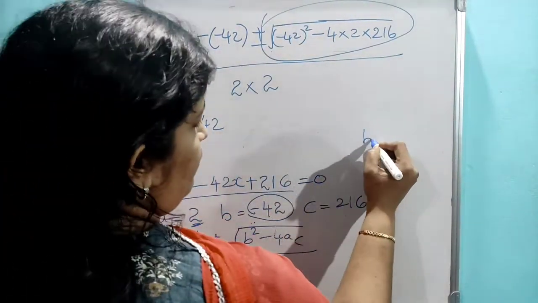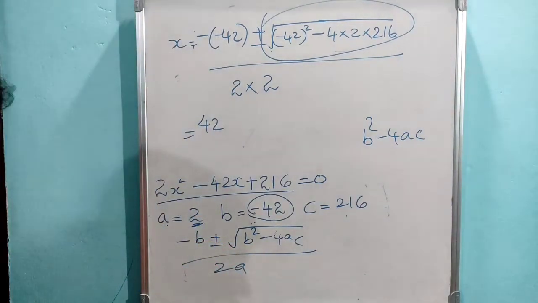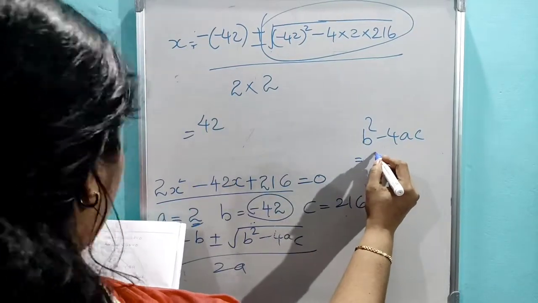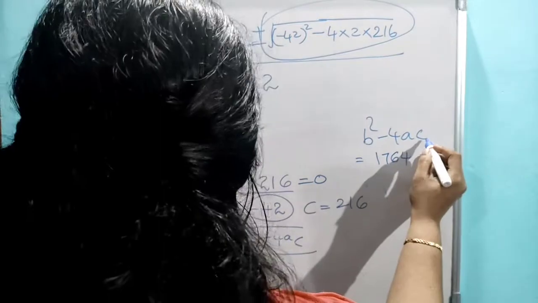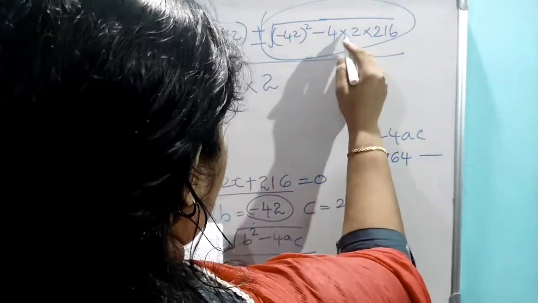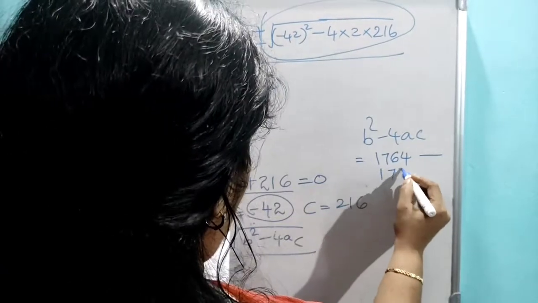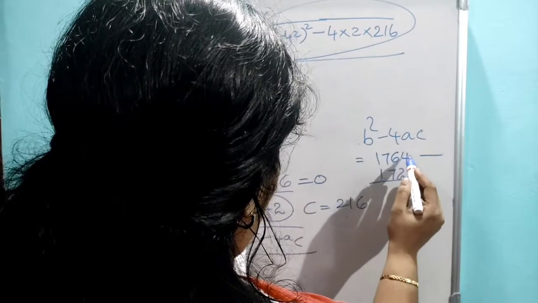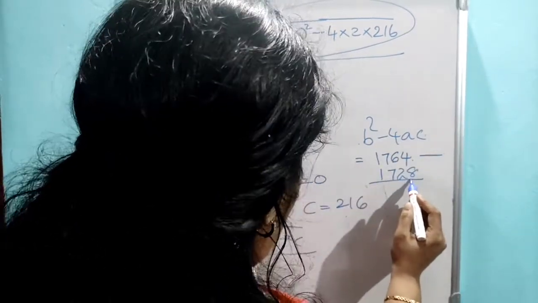It is better to find B square minus 4AC first. 42 square is equal to 1764, and 4AC, that is 4 into 2 into 216, is equal to 1728. So B square is 1764 and 4AC is 1728.